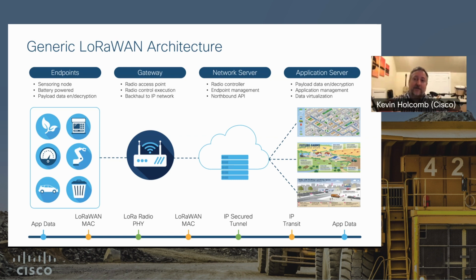All the sensors are just putting messages into the air, and any gateway that can hear them will do so, since all the gateways listen on the very same channels. They forward that to the network server, and the network server figures out, I've seen this message already. So it does the deduplication.